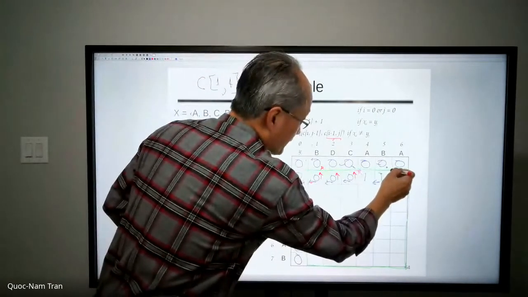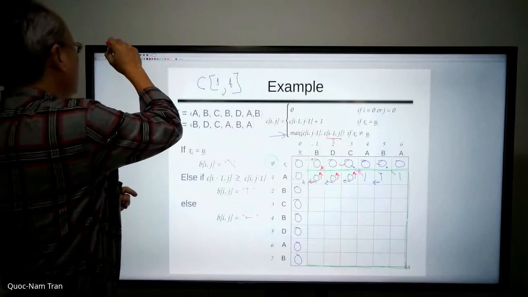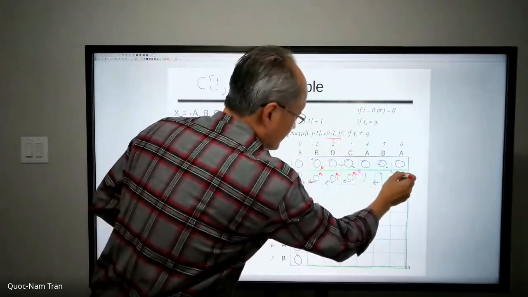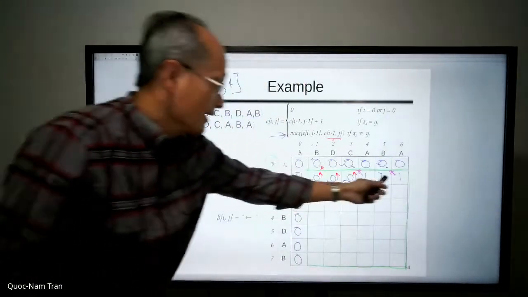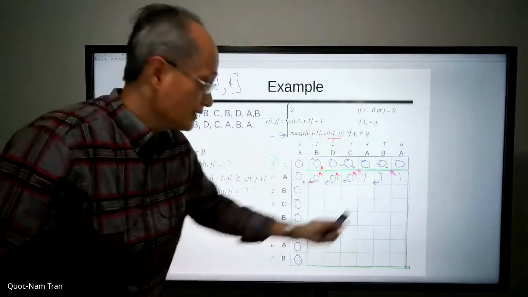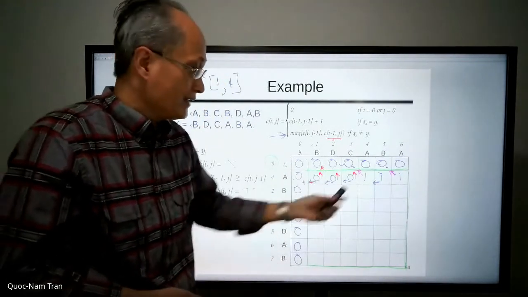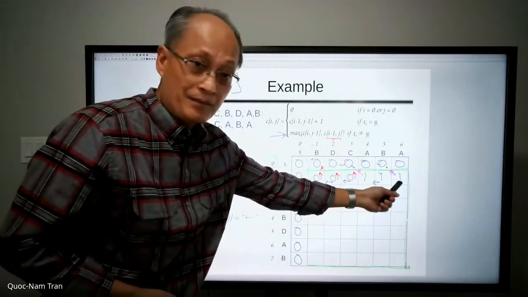This one comes from here. 1 plus this. It does not come from the left, because if it came from the left, then it should be 2, right? So that's it. Here we have 1.